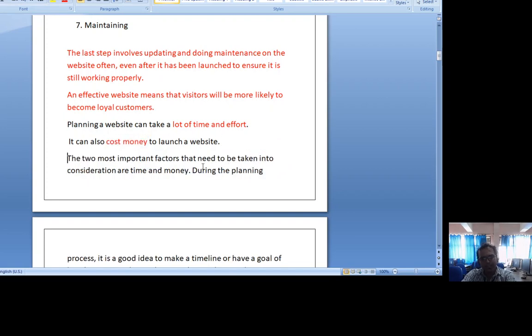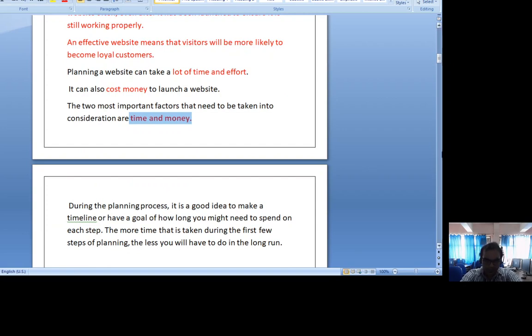The two important factors that need to be taken into consideration here are time and money, because effort can only be improvised when we have time, and then the other most important thing is money. The vagueness of effort can be kept under strict guard with the help of these two parameters. Now, during the planning process, it's a good idea to make a timeline or have a goal. Why do we need a timeline?